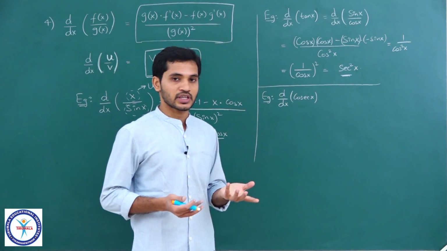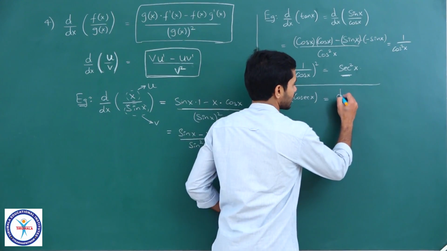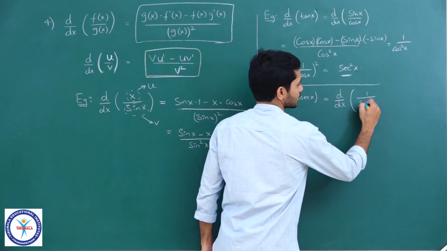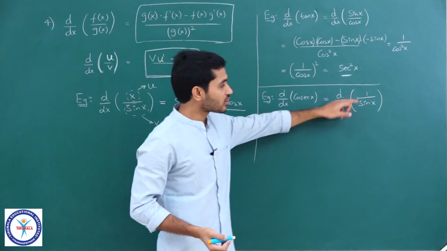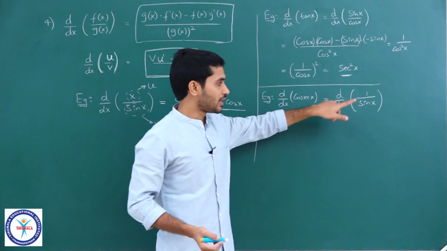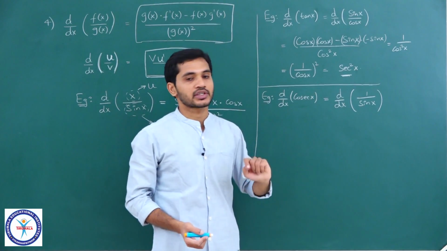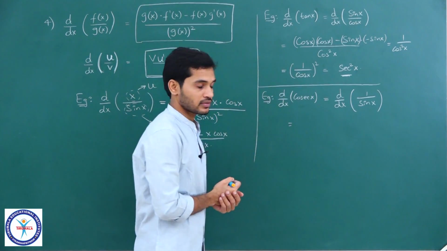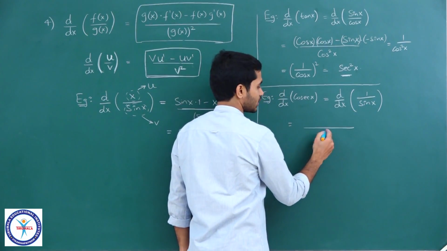You know the derivative of sin x. So, what you can do here is, I can write this as d by dx of 1 by sin x. Now, I have a numerator and a denominator, and in the numerator I have a constant, and in the denominator I have sin x, correct. Now, I will once again apply the same method. First, I will write the denominator, which will be the square of the denominator here, right.